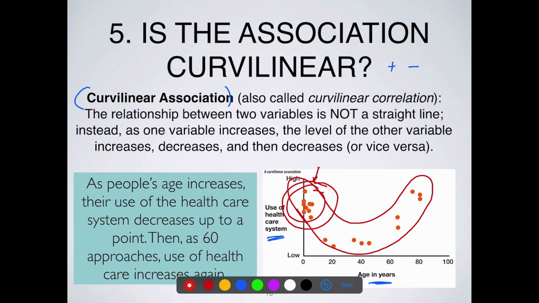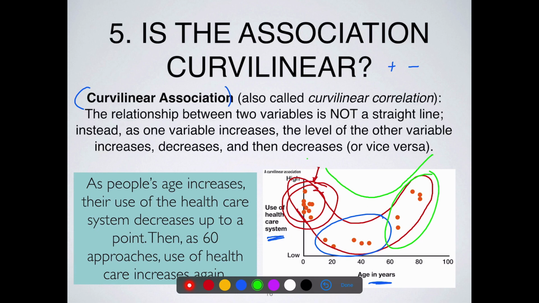But then around this age, people tend to be healthier, need to visit the doctor less. So you see that happening. But then as we get older, we start having more healthcare issues due to aging, and you see that increasing again, right? So it starts high, goes low, then goes up again, right?